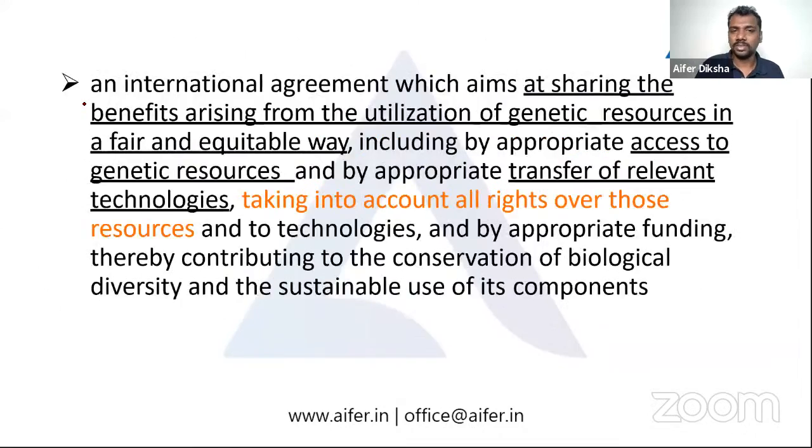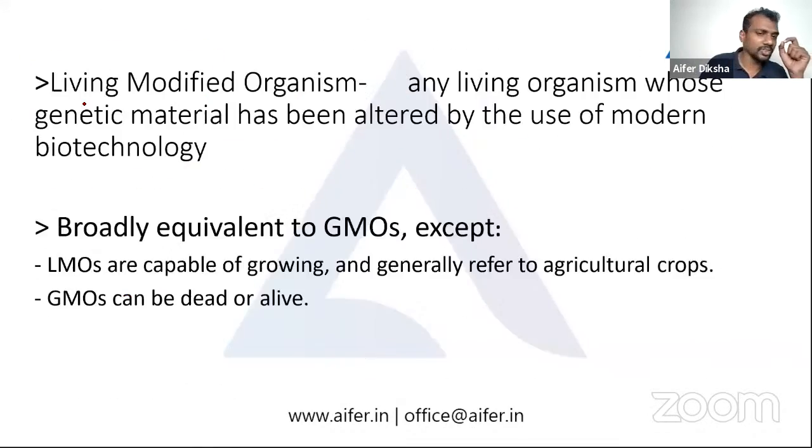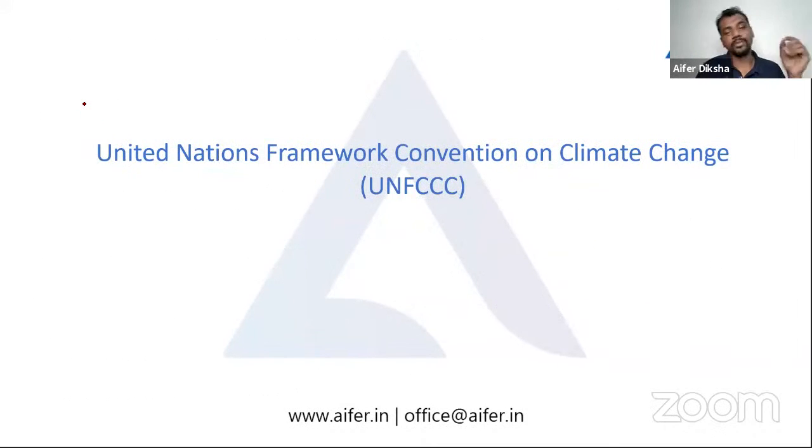So that's all about the first convention, the Convention on Biological Diversity. We have two protocols under it: the Cartagena Protocol dealing with living modified organisms, and the Nagoya Protocol dealing with the fair and equitable usage of resources.